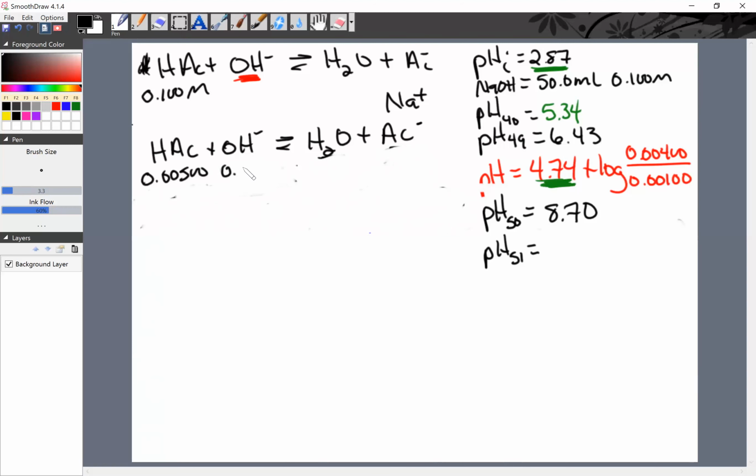Well, that would be 0.00510 moles. Do I have enough acid to sop up that base? And the answer is no, there's too much. So this time I'm going to use up all of my acid.